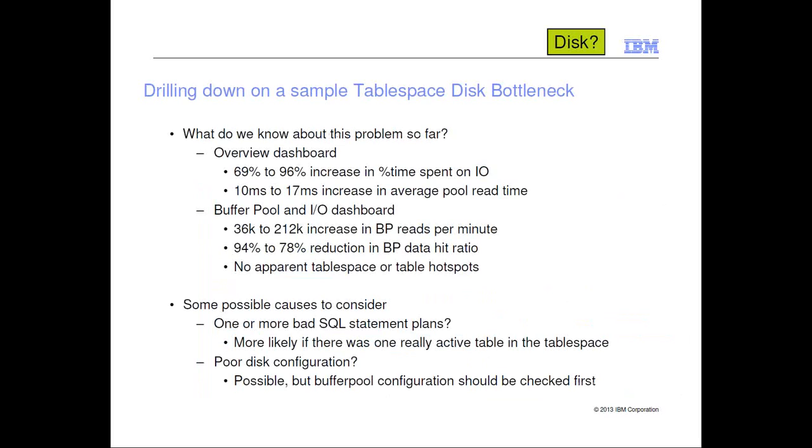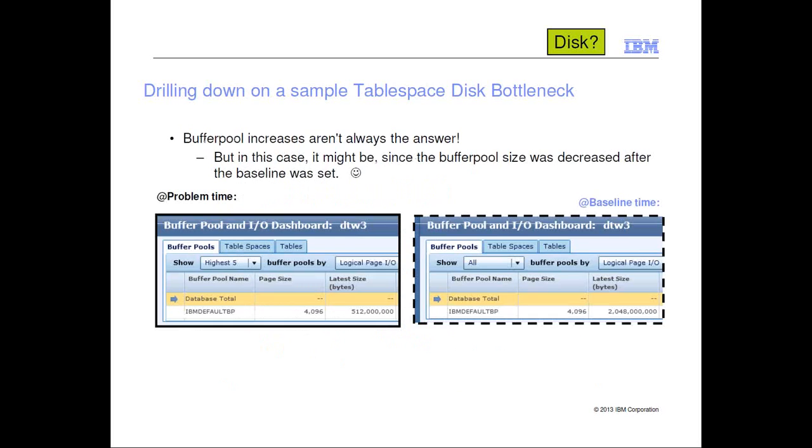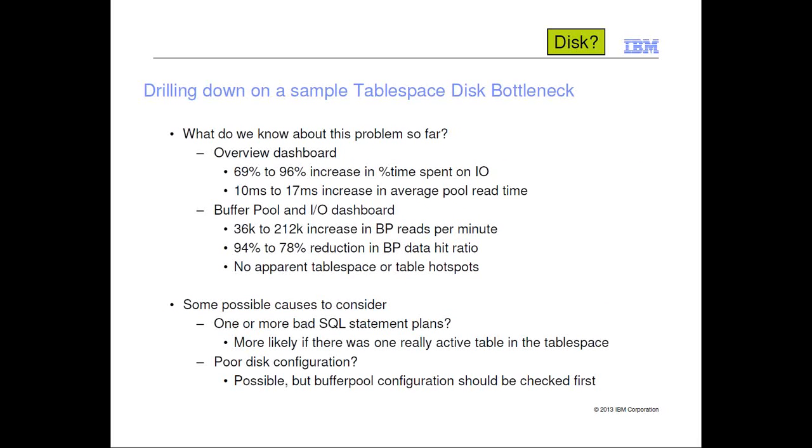The next slide is just summarizing what all we have seen on this particular dashboard, which is the buffer pool and IO dashboard, and how we can infer the cause of the issue. On the overview dashboard, we have seen that the percentage time spent on IO has increased from 69% to 96%, and the average pool read time increased from 10 milliseconds to 17 milliseconds.